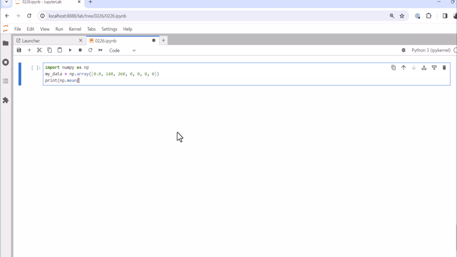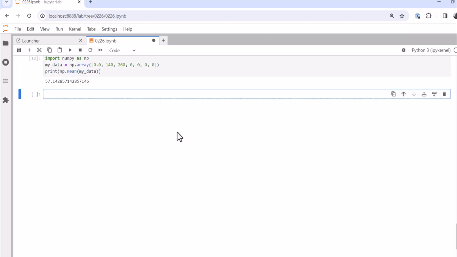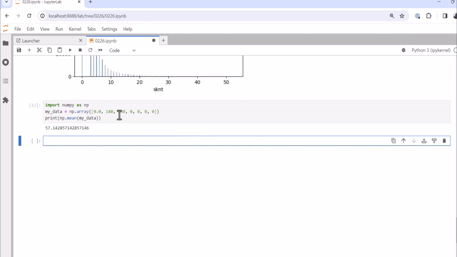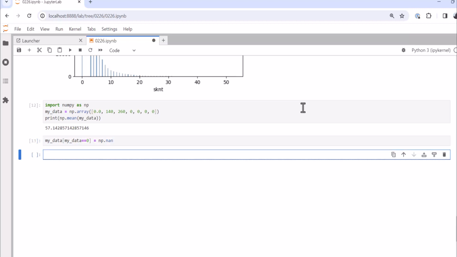If I calculate the mean of my data, say I want to know the mean wind direction, if these are wind directions in my example, okay, it's telling me 57 degrees. Now, what if I replace the zeros with not a numbers, saying, well, there's no wind, so it doesn't have a direction. I'm going to do that by finding where my data is equal to 0, and using that to index into the myData array, and setting those values to NumPy's NaN object.